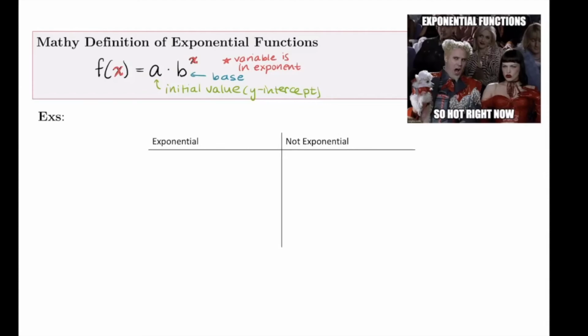repeatedly being multiplied by. We do have some restrictions on the base. It needs to be positive because if you raise negative numbers to different powers, you kind of get this alternating positive, negative, and we don't want that flip-flop behavior. So the base has to be greater than 0, and the base, we say, can't be 1 because 1 to every power is just 1, and that's just a constant function.